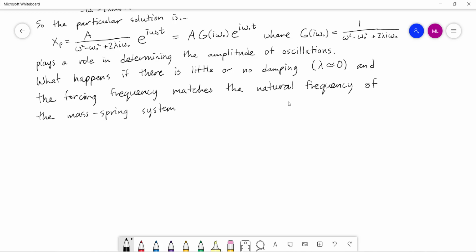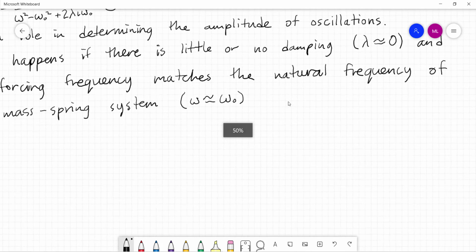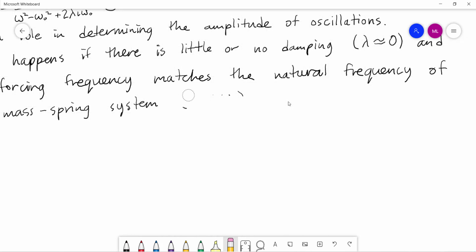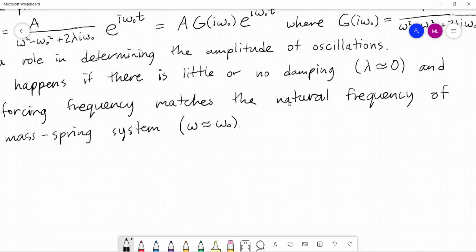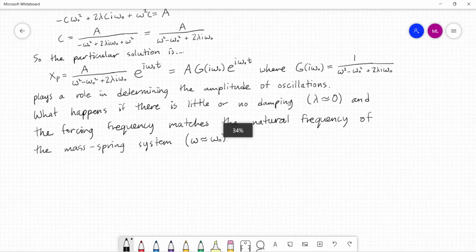So what I'm suggesting is that our omega is approximately the same as omega naught, that these two values, my handwriting is getting extra sloppy here, let's try to clean that up a little bit, but that omega is approximately the same as omega naught.